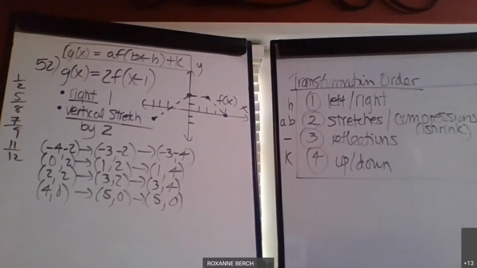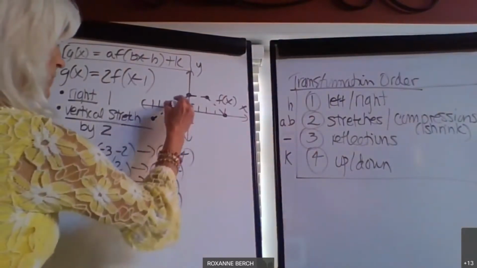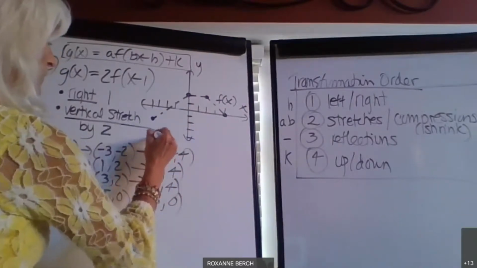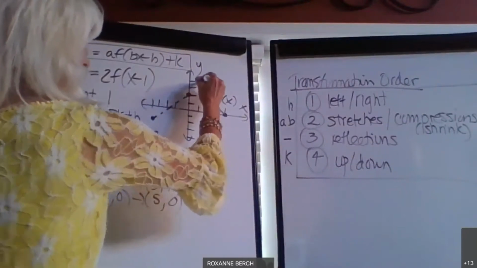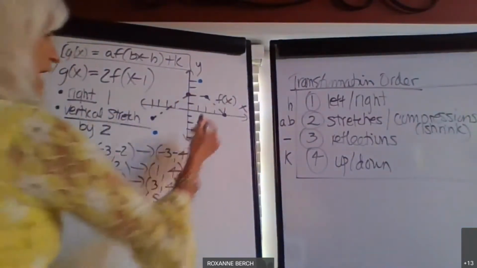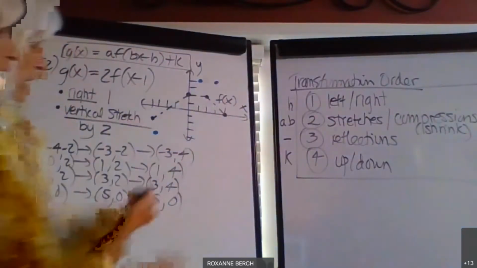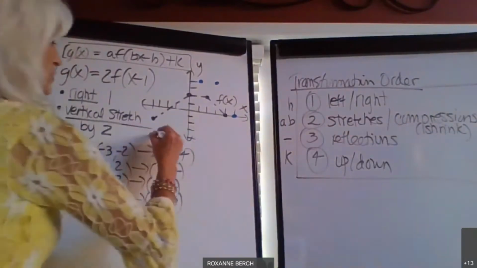So for the g function, we're going to go left 3, down 4. We're going to go right 1, up 4. We're going to go right 3, up 4. We're going to go right 5, 0. So here's your graph.